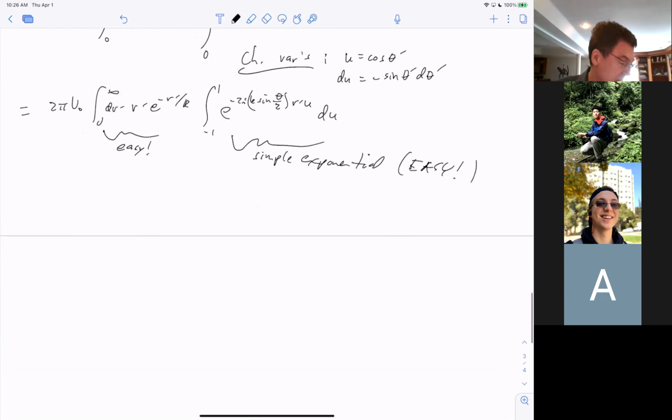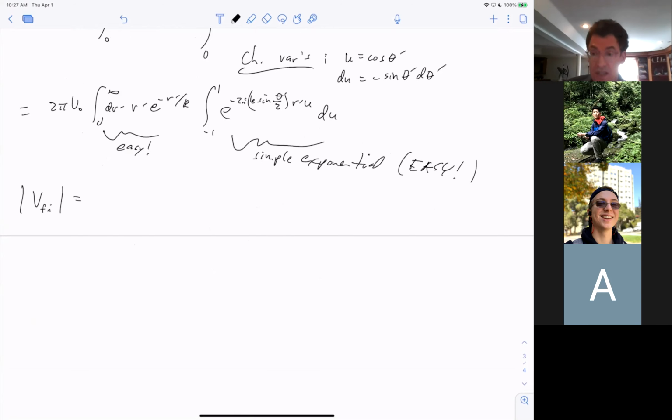Okay, so I'm not going to take any more steps of that, but what's going to happen is, after you do all of that, if you take the absolute magnitude, you're going to get this in the end.